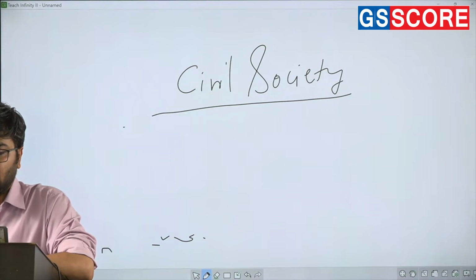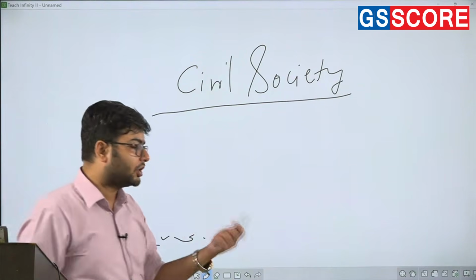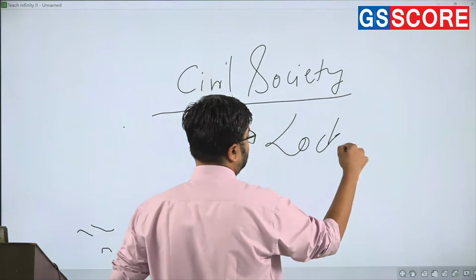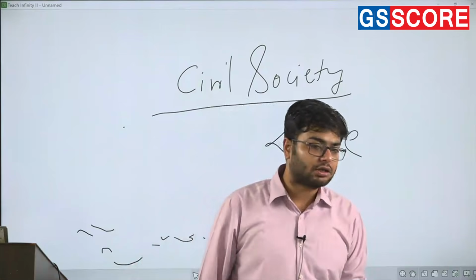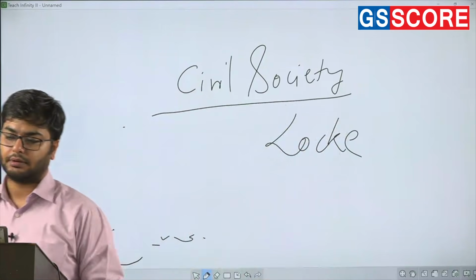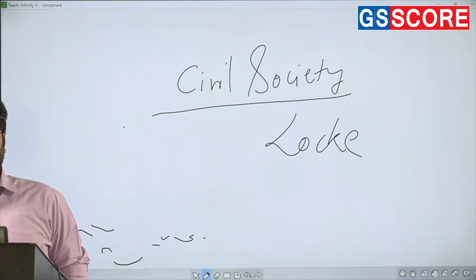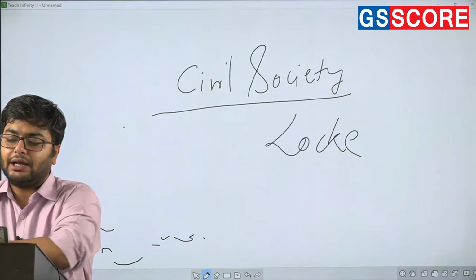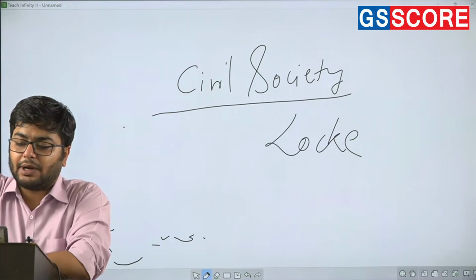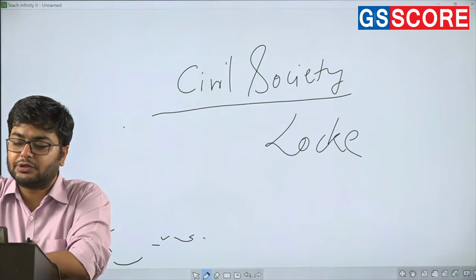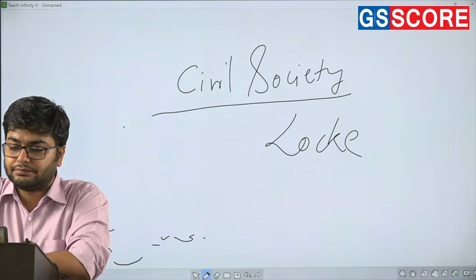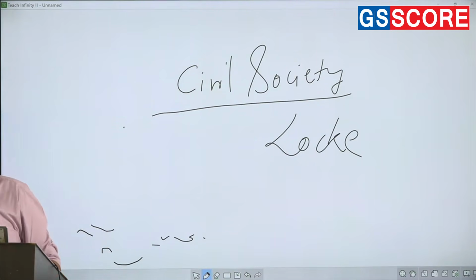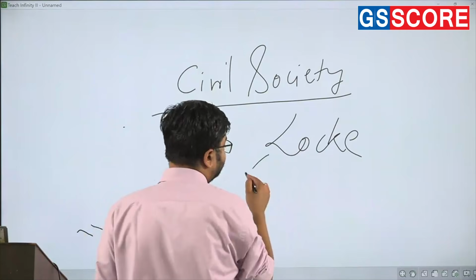But the more modern outlook was given by Locke. John Locke. According to Locke, civil society was constituted by property, labor exchange and consumption. Now, what happens based on this view?